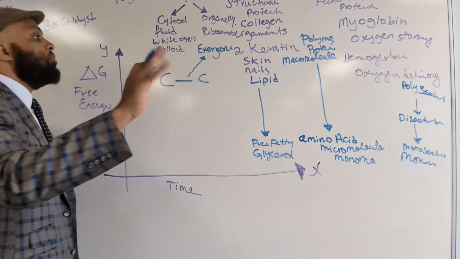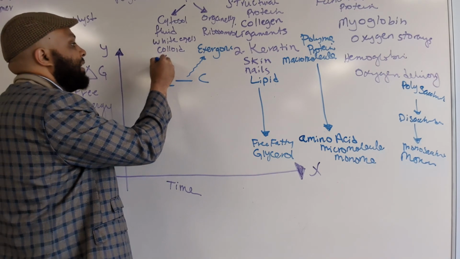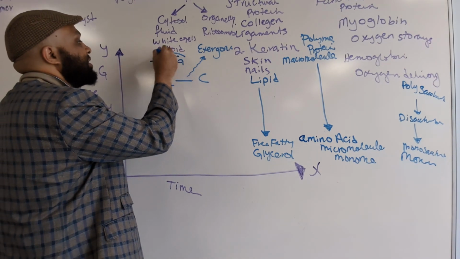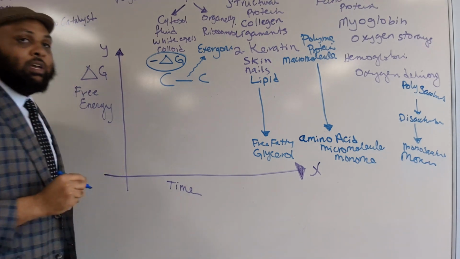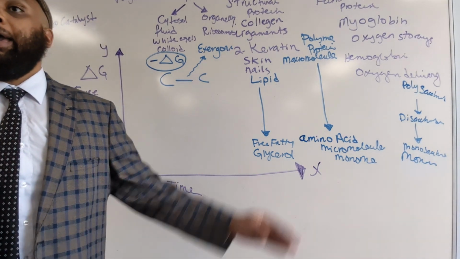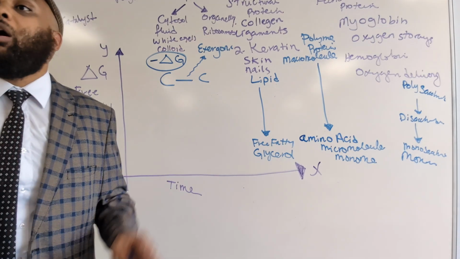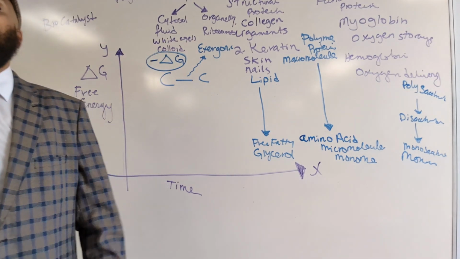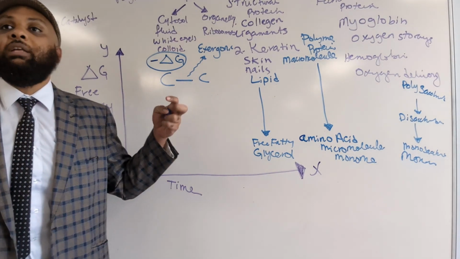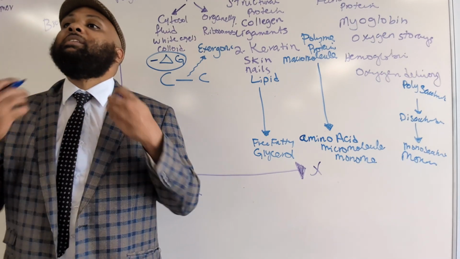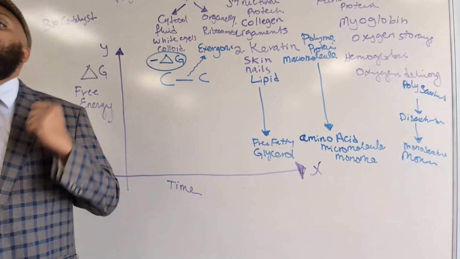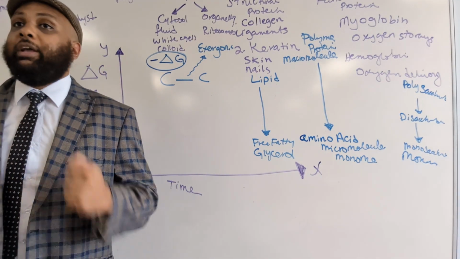And the bond has no more energy. That's why it's negative delta G, because it no longer has energy. So in catabolism, when I'm breaking down polymers into monomers, I am removing energy from the bond and utilizing it for myself so that I can run the marathon, so I can work and burn energy.